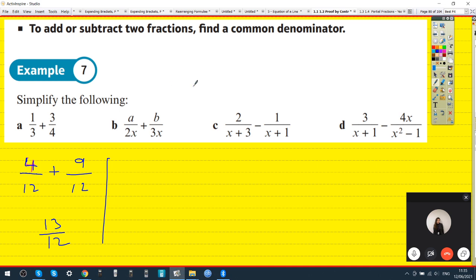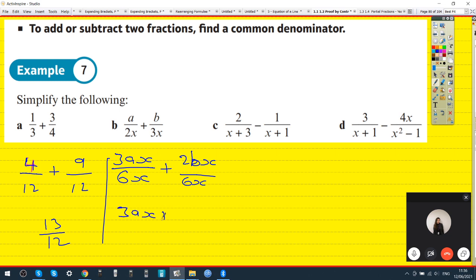So you get 6x, would it just be 6x on both sides? Yeah. And then it'll be 3xa and 2xb. So as one fraction, are you able to add them? Because they're not the same.